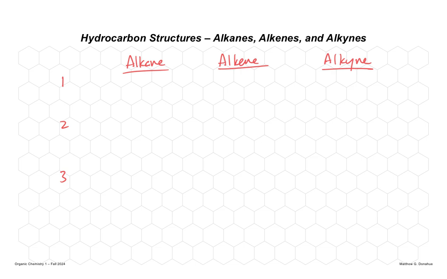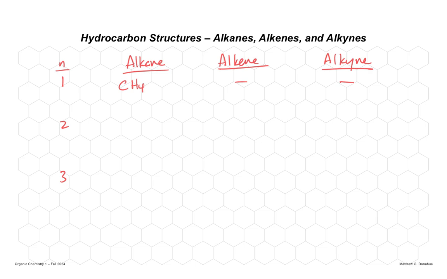I like to learn stuff by just making tables that can help me condense a lot of information and identify trends, and so that's what we'll create. So we'll call this N. So for C1, we would have CH4. Now, you can't have a 1-carbon alkene or alkyne.